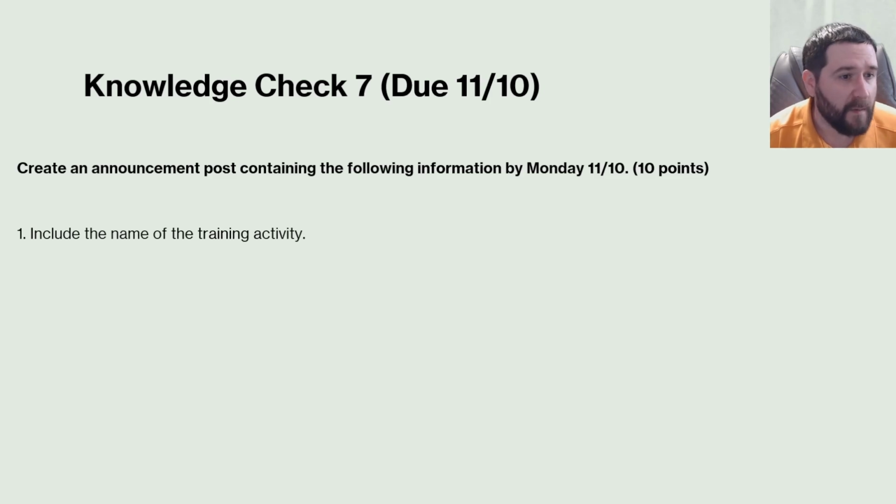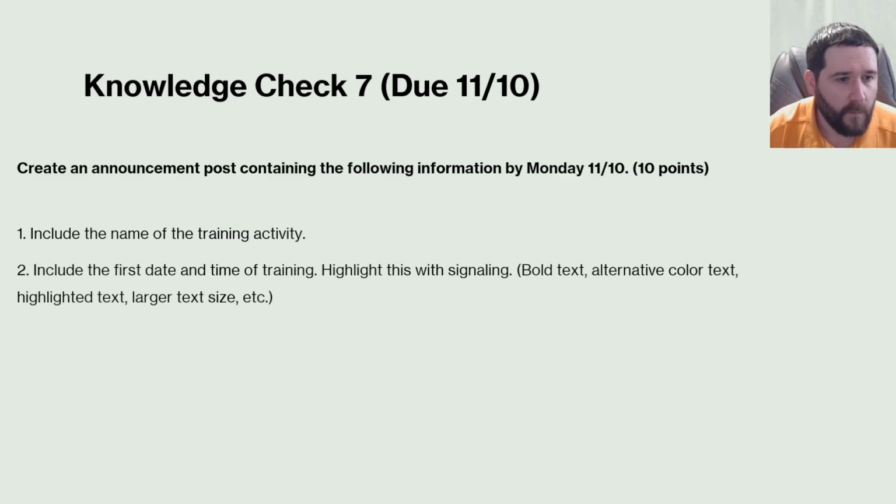As far as what the announcement post should have, you should include the name of your training activity. You should include the date and time of the training. And I want you to highlight that with signaling, right? That might be bold text. That might be an alternative colored text. You might highlight.